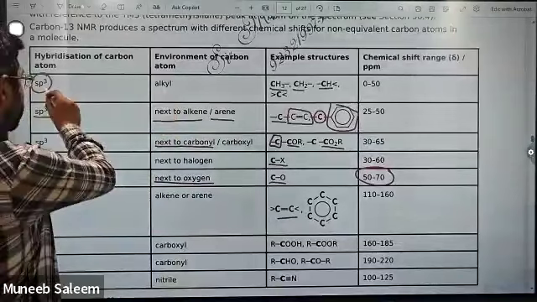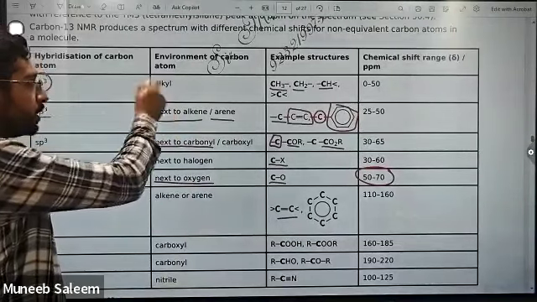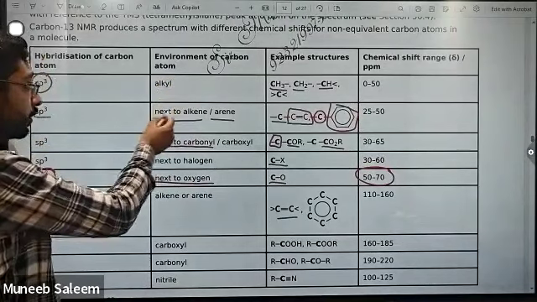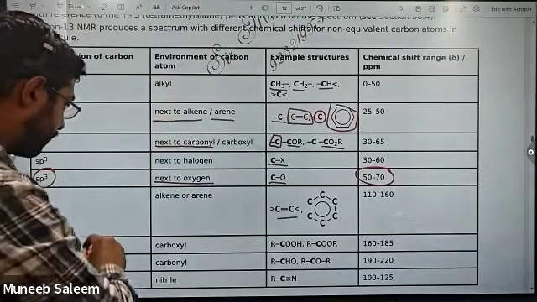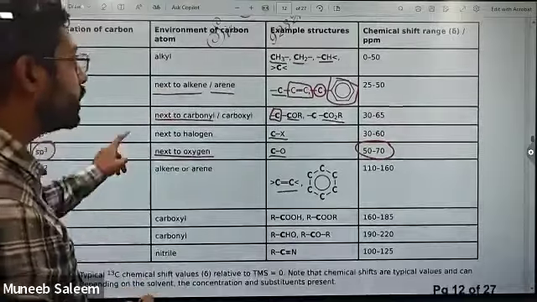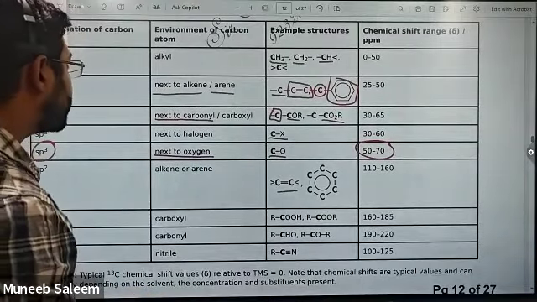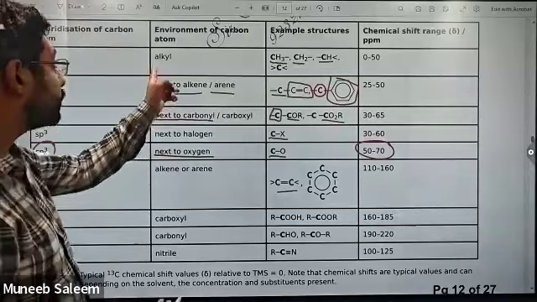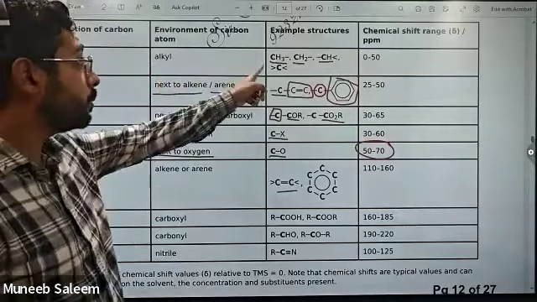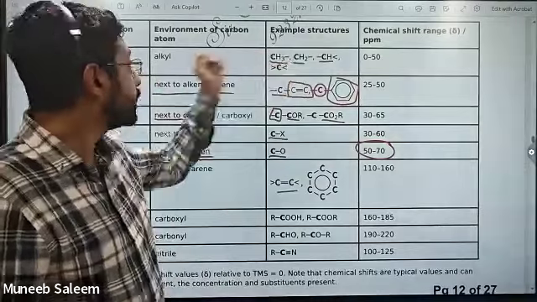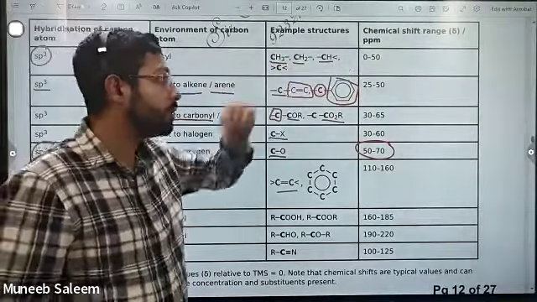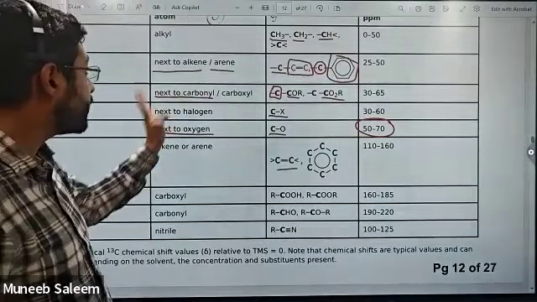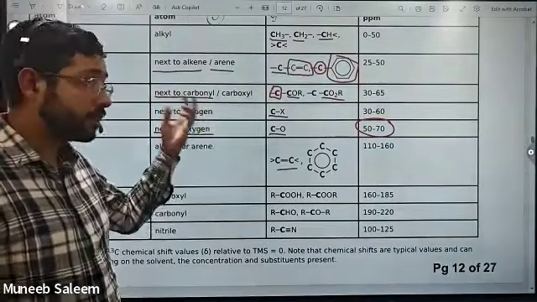This is the part. The carbon itself is sp3 hybridized. It could be said to be next to the CH2, or it could also be considered as the carbon of the alkyl group itself. So the carbon of the alkyl group itself is 0 to 50 ppm, because there is no such case in which a carbon next to the alkyl group must be mentioned.